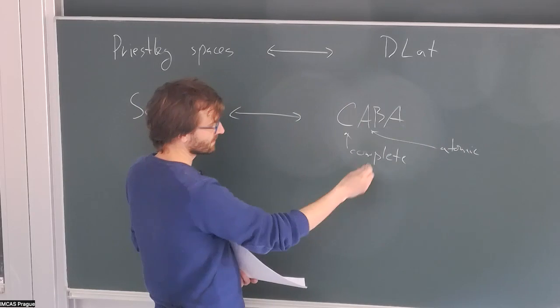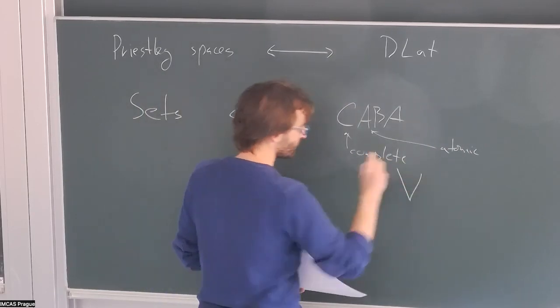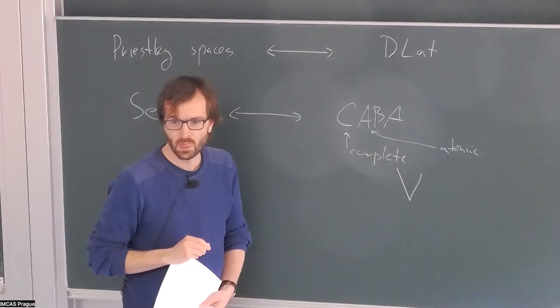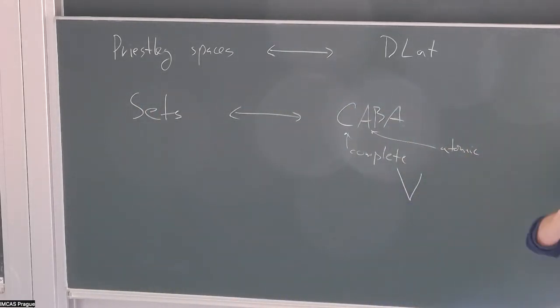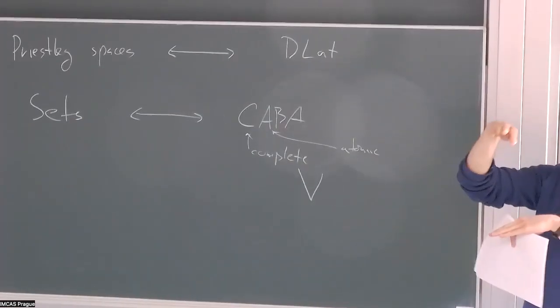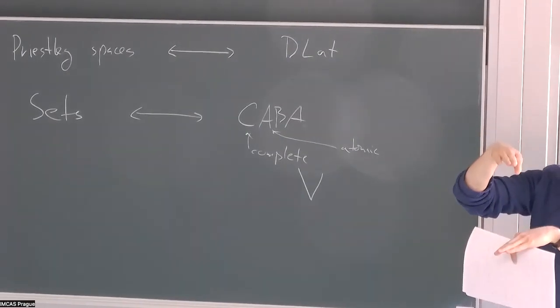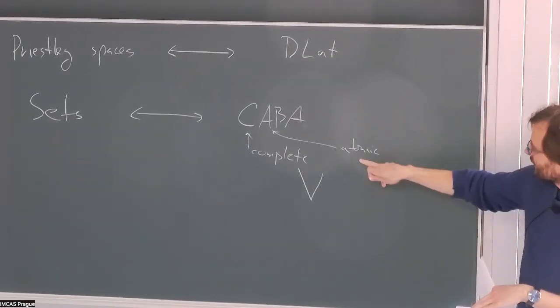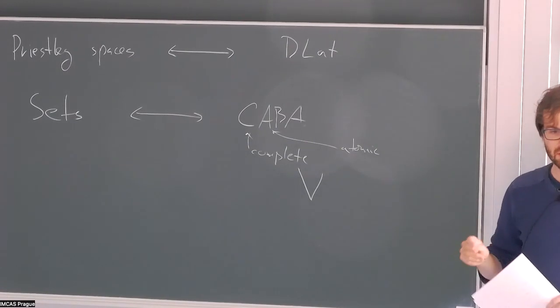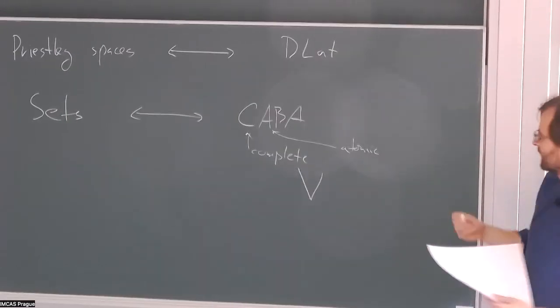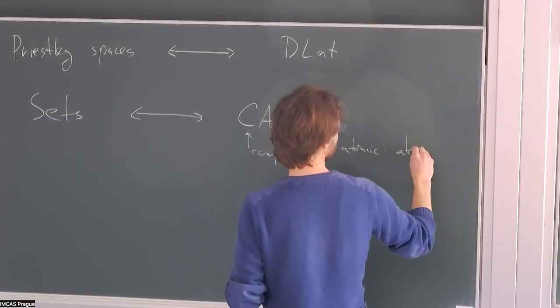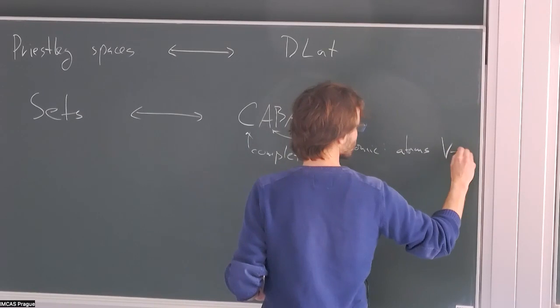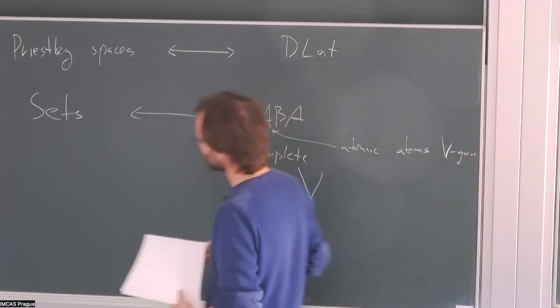So complete means it has arbitrary suprema of elements. And atoms are the elements that are just above the bottommost element. So everything that doesn't have anything between itself and the bottom element, that's an atom. And atomic means that atoms generate the whole thing by suprema.